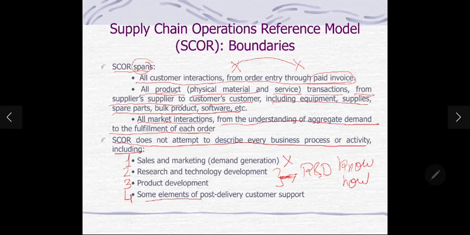Number 4, some elements of post-delivery customer support, some elements of after-sales services are not covered within the scope of the SCOR model. So basically, SCOR covers the main process without revealing any secrets or know-hows of the companies. That's why the companies actually volunteer and participate in the development of the SCOR. If we ask things about know-how and things like that, they will not participate.